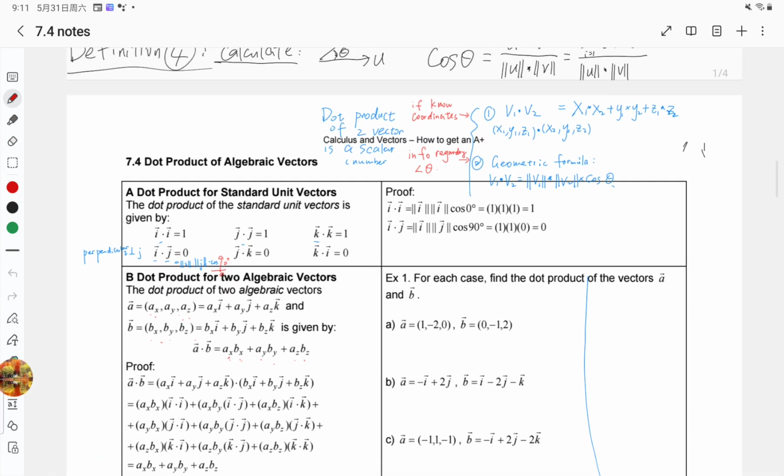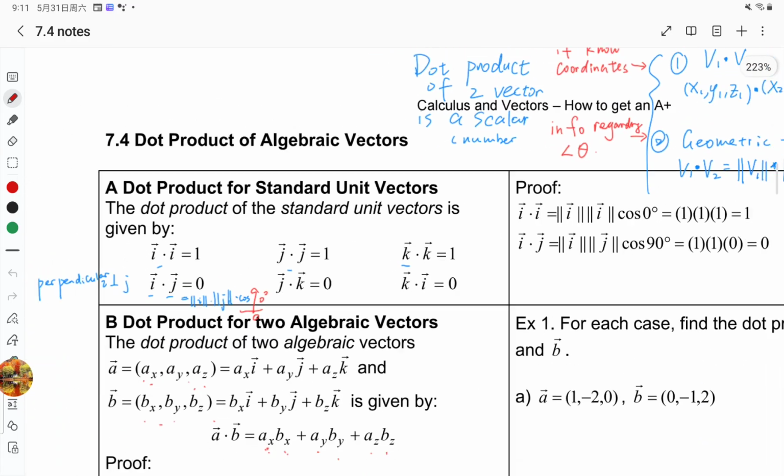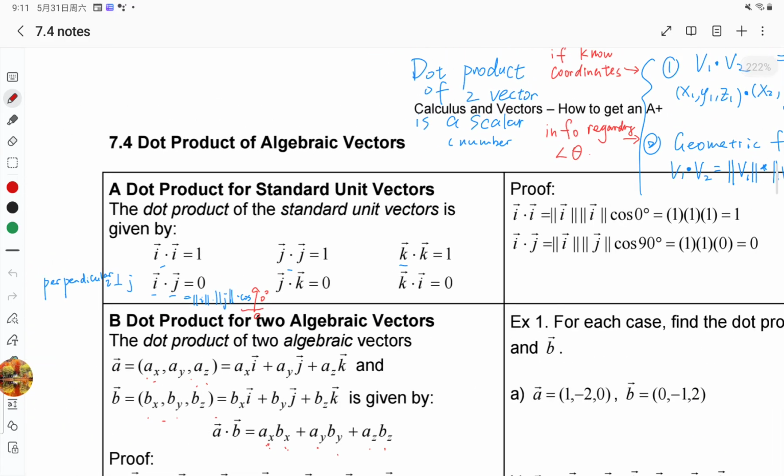Dot product for standard unit vectors: you don't need to worry about this notation. It's nothing but the x coordinate, y coordinate, and z coordinate. In this coordinate system, with unit vectors, we don't need to worry about the length, right? So i, j, k: you see the order is i first, j second, and k last.